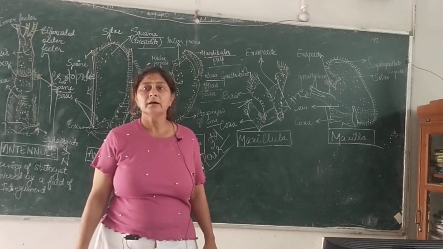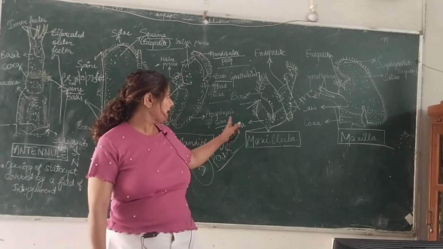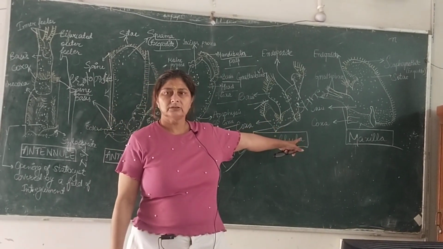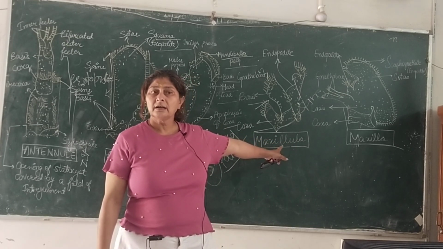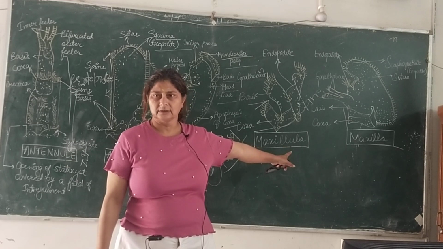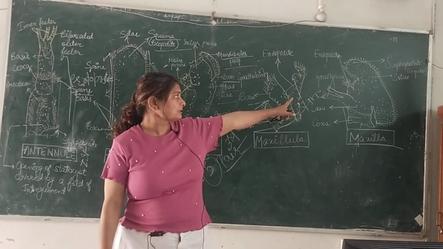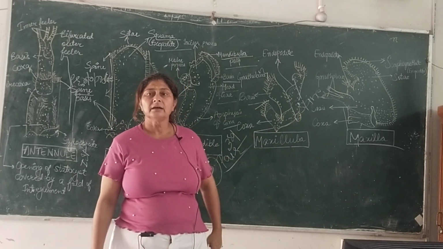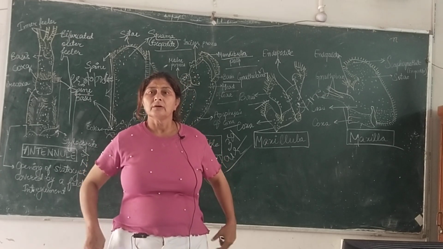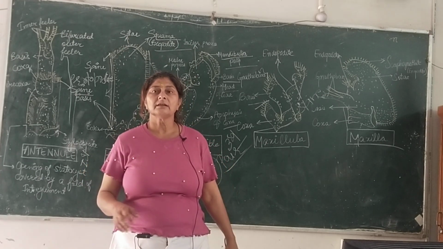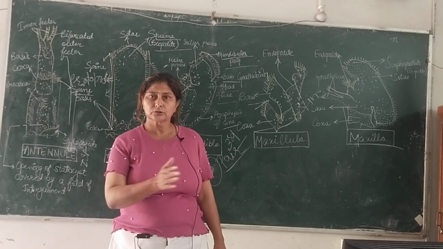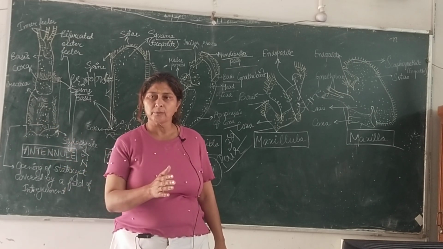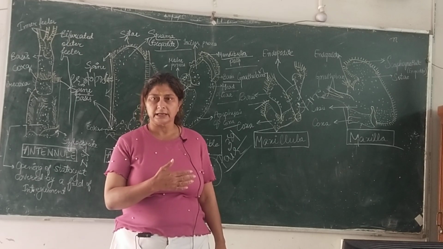They help in respiration. ਇਹ ਵਾਲੇ ਜਿਹੜੇ ਤਿੰਨ ਹੈ ਨਾ, they are present in the cephalic region but in the branchiostegite region. ਇਹਦਾ function ਜਿਹੜਾ scaphognathite ਆਪਾਂ ਕਿਹਾ, they help in respiration. How they help in respiration? By throwing water from outside to inside.